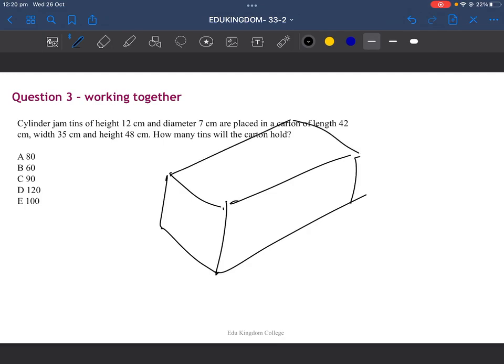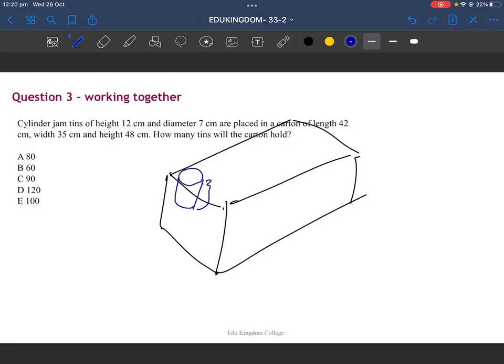So let's start. We know that each of these cylinder jam tins has a height of 12 centimeters and a diameter of 7. If we're putting them in boxes, obviously the corners wouldn't be met. So far we don't know how many of these fit. I'm just drawing these so you guys can see.